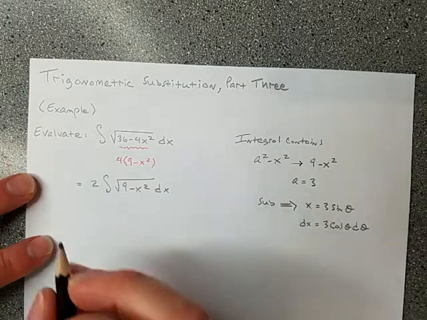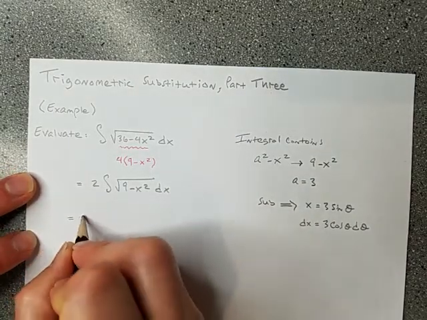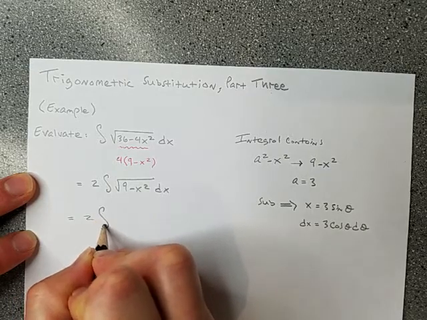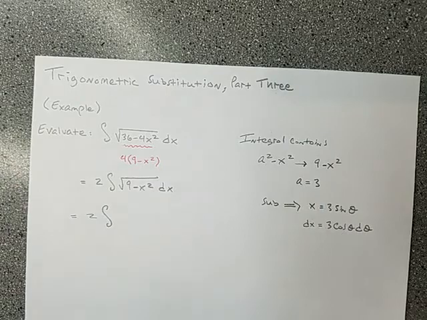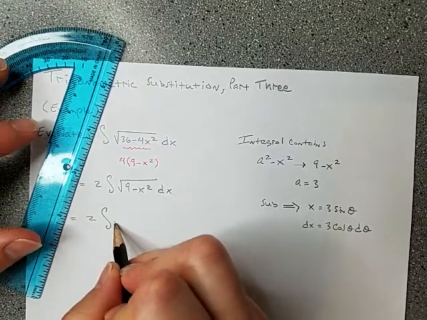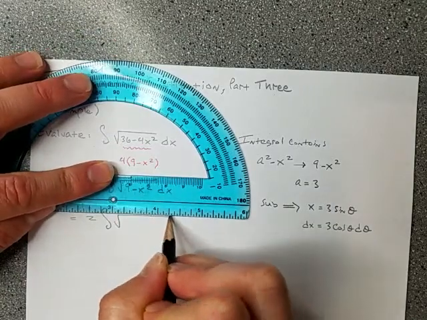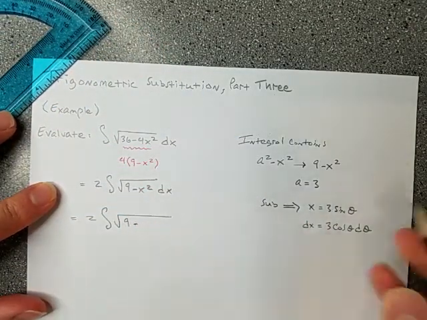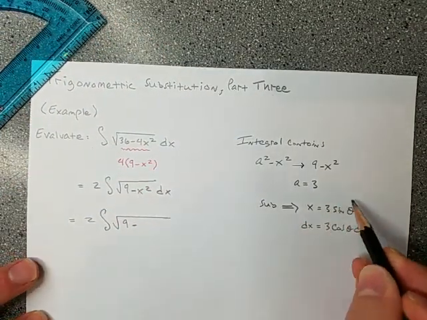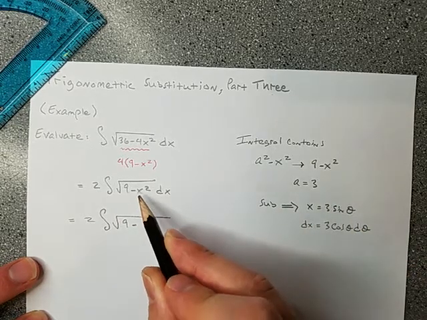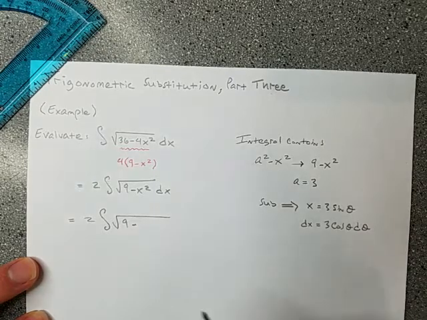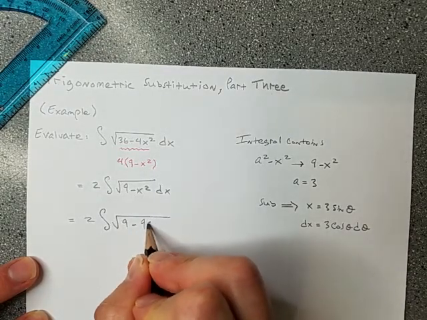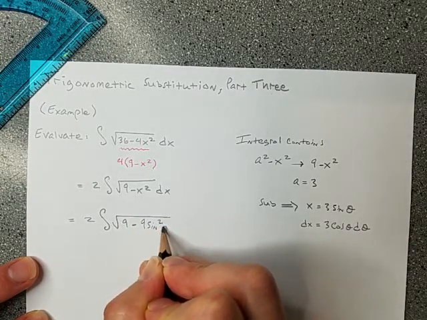So if I do that in this step, then I'll get the 2, right? I'll have the root. So let's see. I'm going to have 9 minus, suppose you put this in there for x and you square it. You've got 3 squared and sine squared, so 9 sine squared theta.